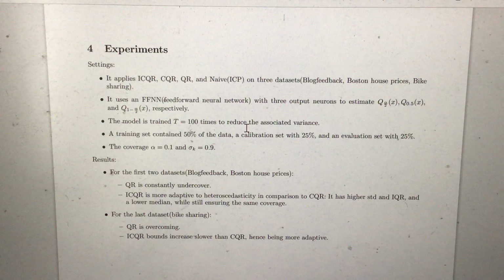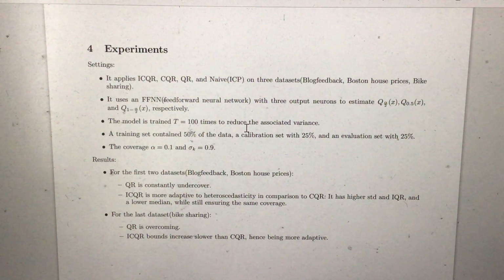Okay, the last part is the experiment for this paper. It applies ICQR, CQR, QR, and ICP to the 3 data sets: blog feedback, Boston house price, and bike sharing. And it uses a feed-forward neural network with 3 output neurons to estimate the quantile regression.